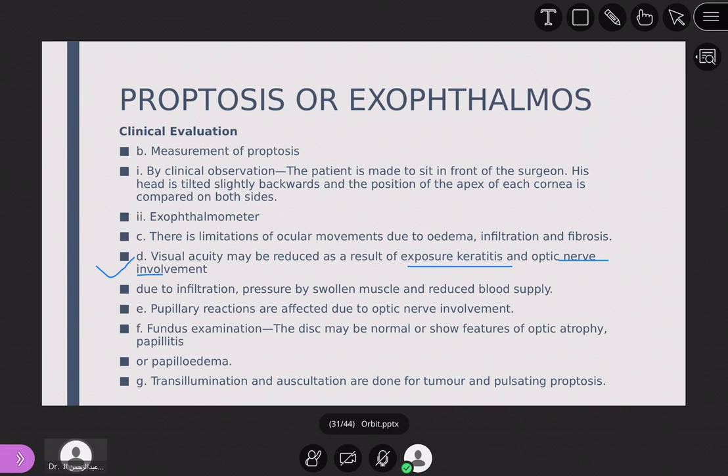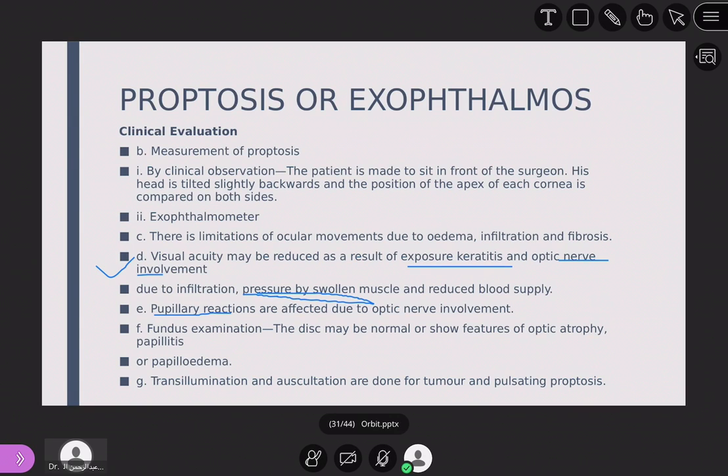Because, as we mentioned, edema may cause pressure on the optic nerve, so the vision will be affected. Again, pupillary reaction, meaning the optic nerve functions we mentioned will all be reduced: the field, the visual acuity, the pupillary reaction, light, light contrast, all of these will be affected.